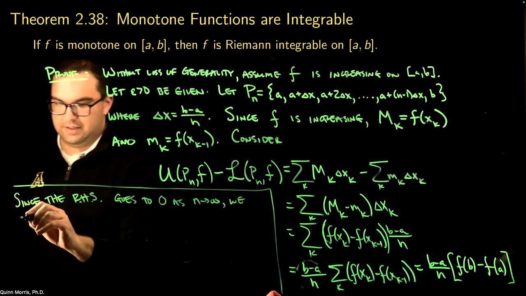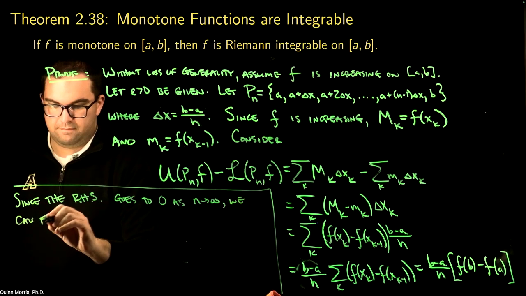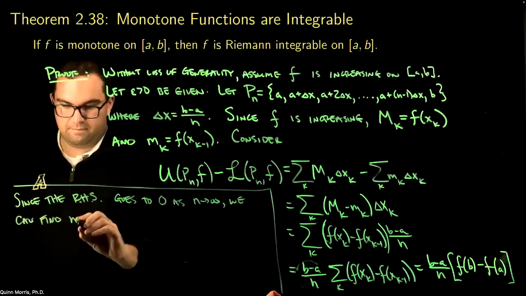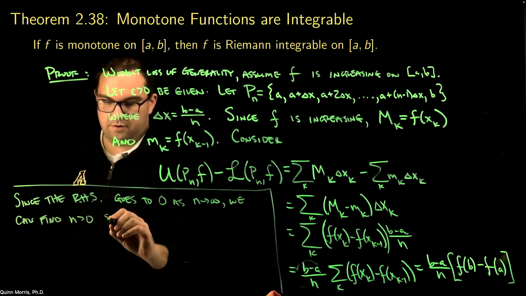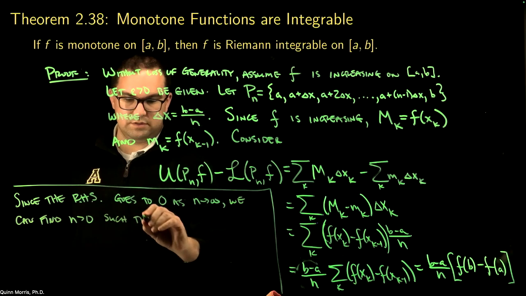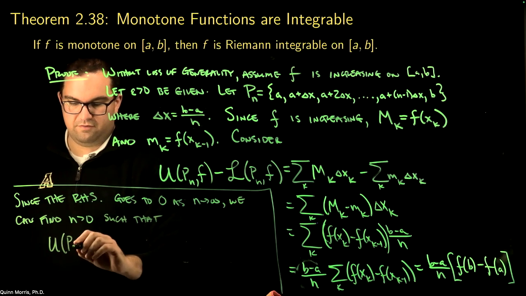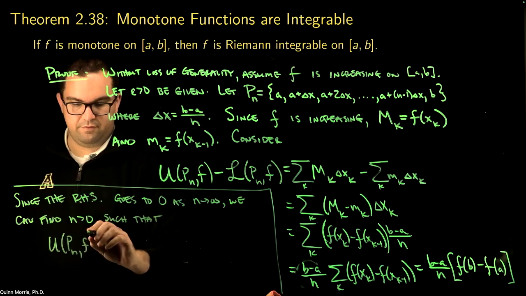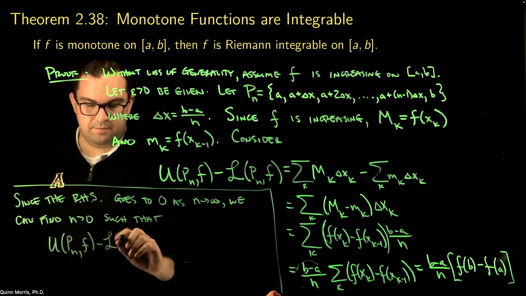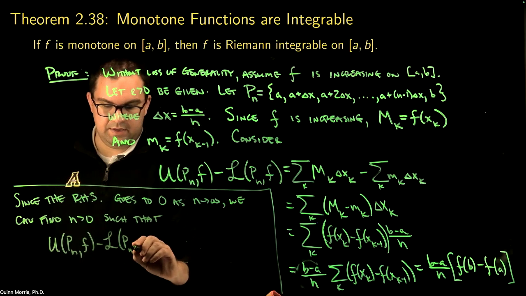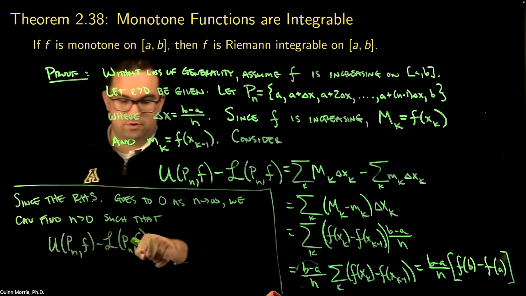So we can find an n greater than 0 such that the upper sum of P_n for f minus the lower sum of P_n for f, this difference, is going to 0.